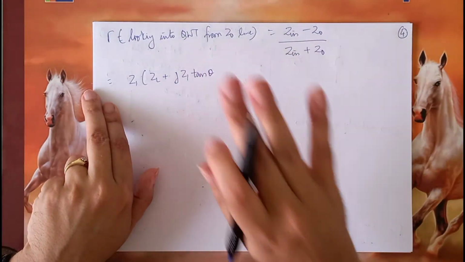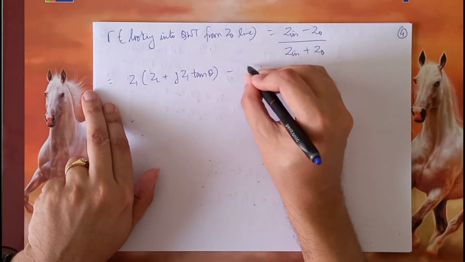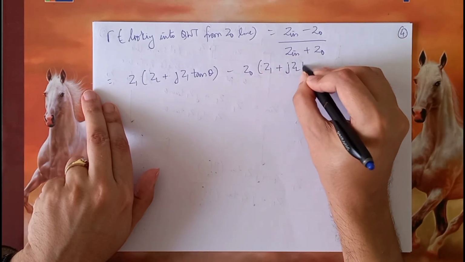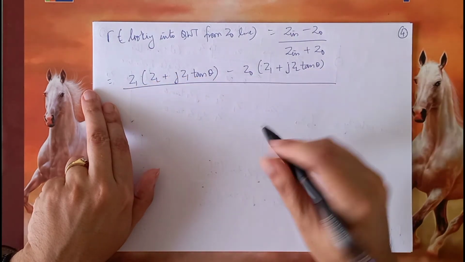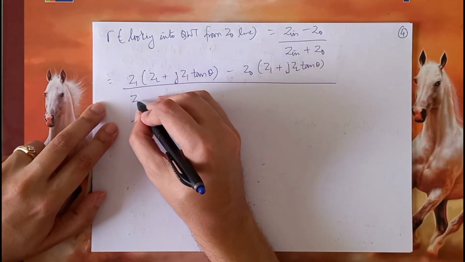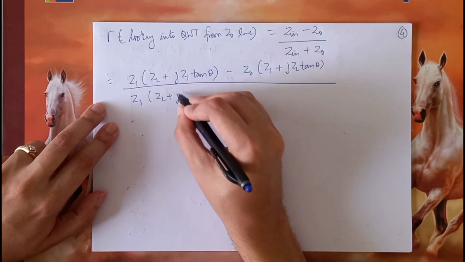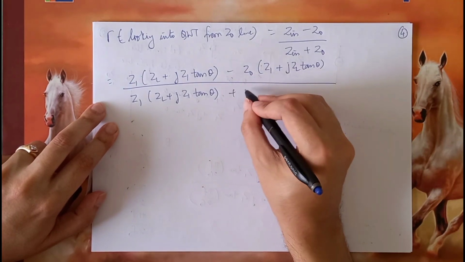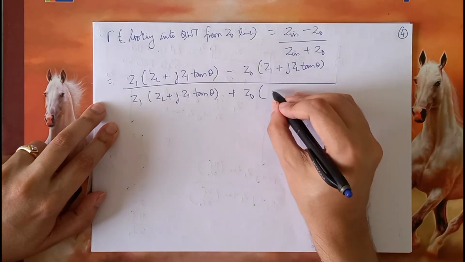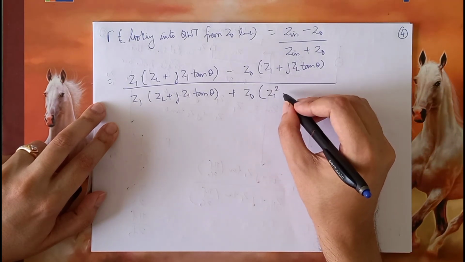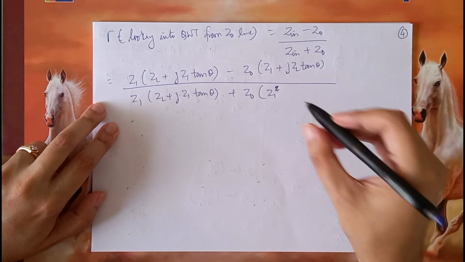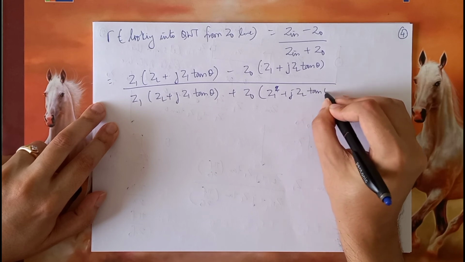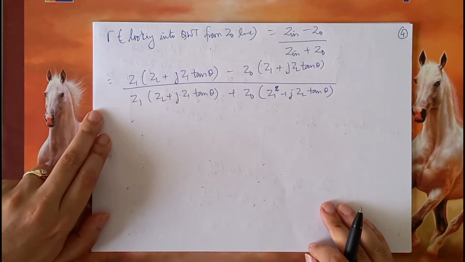I'm just writing theta for the time being, just not to make the expression too big, minus Z0 times (Z1 plus jZL tan theta), divided by Z1 times (ZL plus jZ1 tan theta) plus Z0 times (Z1 plus jZL tan theta).